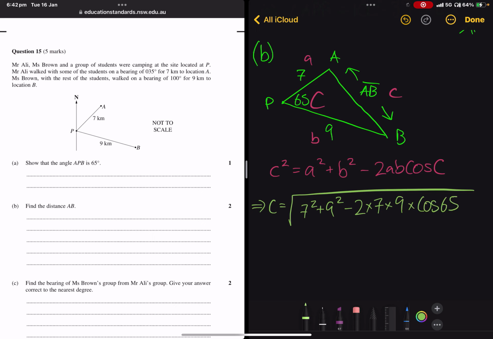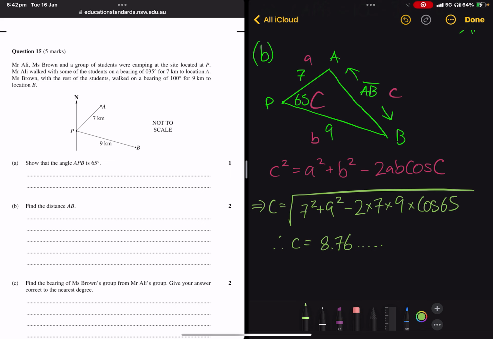Now 65 is not a cosine exact angle, so that's a sort of indication that the calculator is just going to evaluate this for you. So when you end up putting this whole thing into the calculator, you're going to get 8.76 with a whole bunch of other decimals.